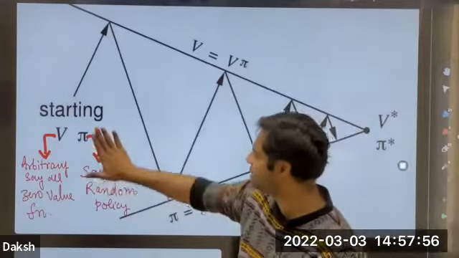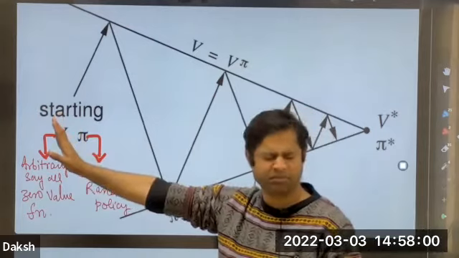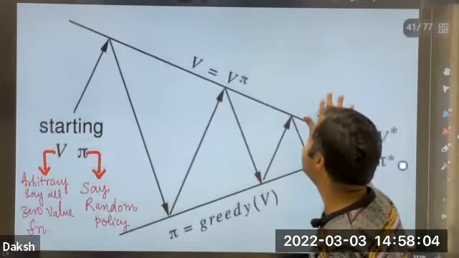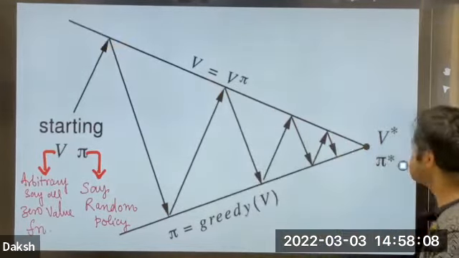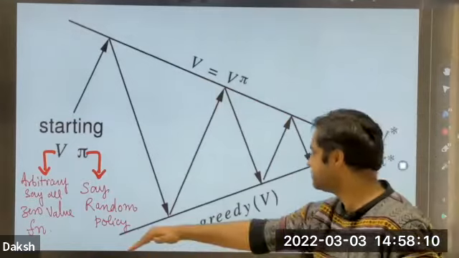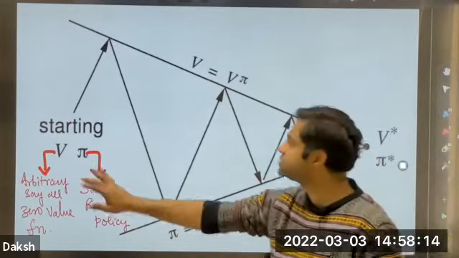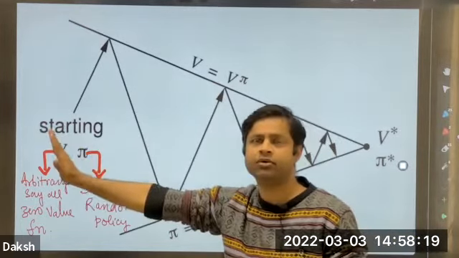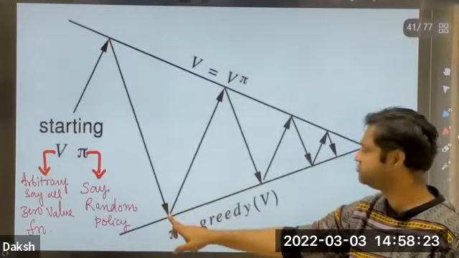So we have some random policy. Correspondingly, we have some value function. This value function is converging, and this greedy policy is going to be converging. So given this policy, I've got a value. For that value function, I find out the greedy policy.